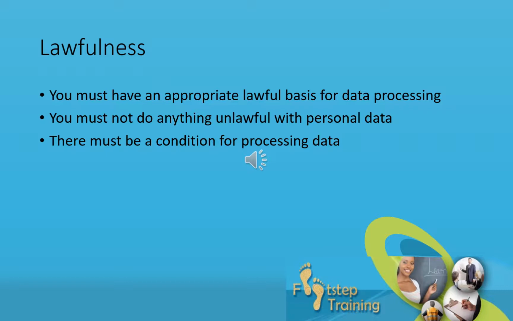This is called a lawful basis for processing, and there are 6 options which depend on your purpose and your relationship with the individual. There are also specific additional conditions for processing some especially sensitive types of data. Lawfulness also means that you don't do anything with the personal data which is unlawful in a more general sense.